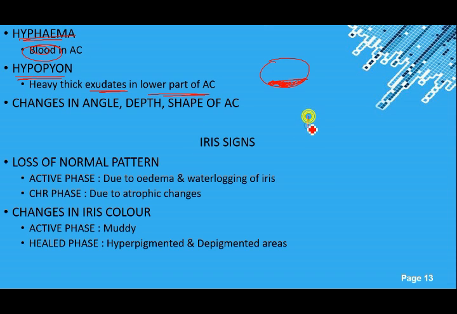Then you move on to iris signs. We speak about the iris now. Very interesting. First and foremost, because the iris is extremely edematous and waterlogged, the pattern of it is lost. So the first thing you're going to say is loss of normal pattern. I'm just talking about the active phase.